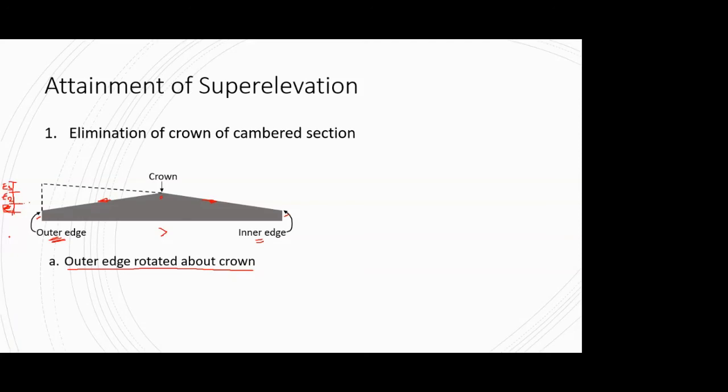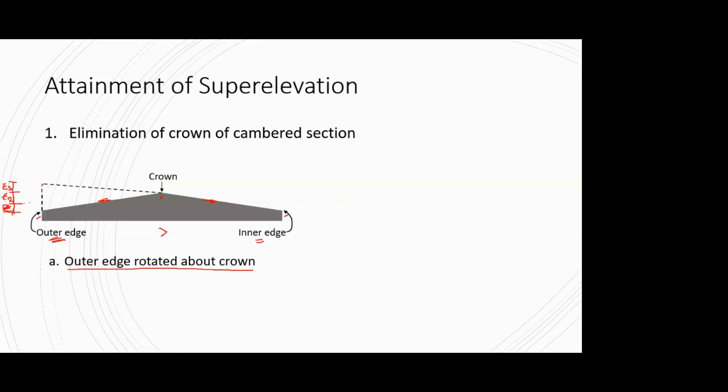So that will be in mm per meter or mm per kilometer, or centimeter per kilometer. In that case, the centimeter or mm values are the raising of the outer edge, and the kilometer and meter values on the right side are the distance traveled in the horizontal direction, or towards the destination.